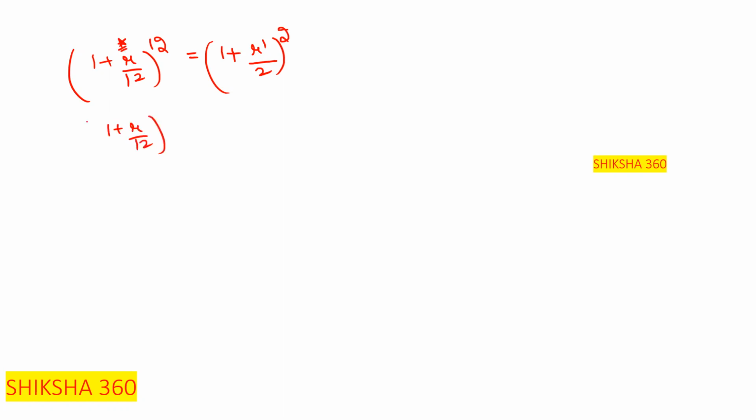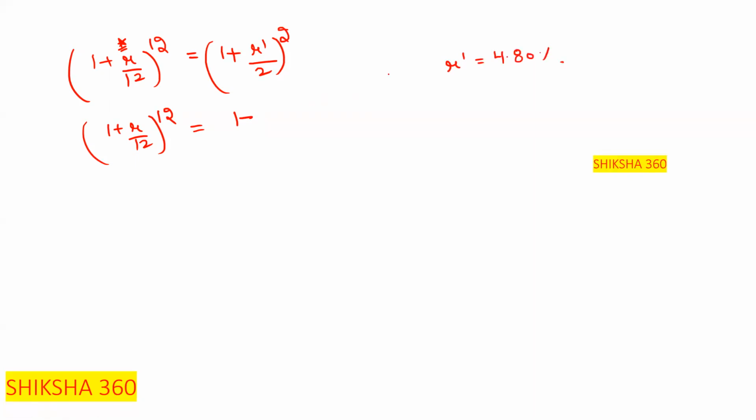So 1 plus r upon 12 power 12 is equal to 1 plus r dash upon 2, power 2, where r dash is 4.80% per annum.